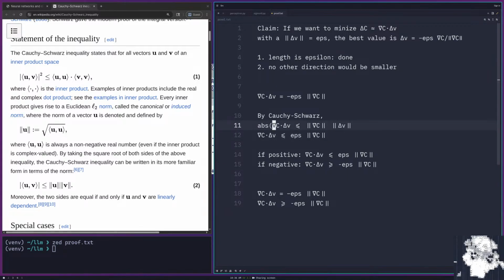And this absolute value is equal to the length of both sides. Okay. So if delta C is positive, then this is true. The other direction, I don't know why I'm having a lot of trouble thinking about it.